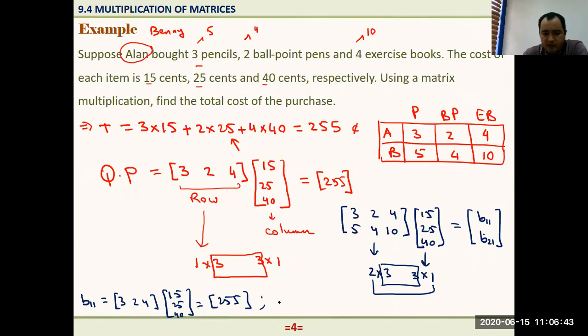And second thing, how about B sub 2, 1? Again, this subscript notation is really important in matrices.